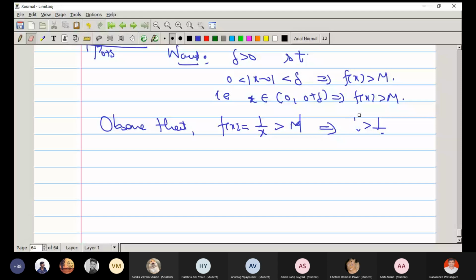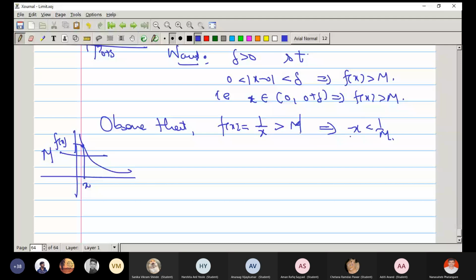That means x is less than 1 by M. See the figure or graph again. Suppose I choose a larger number M, then I want delta so that if I choose x in this delta neighborhood, f of x is greater than M. Obviously, f of x is greater than M if x is less than 1 by M. So what should be the choice for delta?